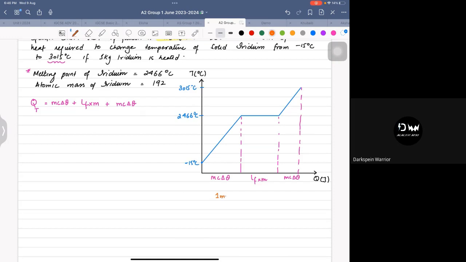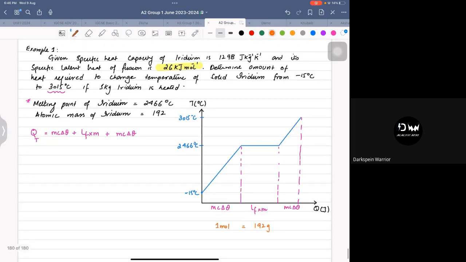In 1 mole of iridium, I would say there are 192 grams. How do I know this? Because the atomic mass of iridium is 192, right? Which basically means that the latent heat of fusion is given as 26,000 joules per mole.